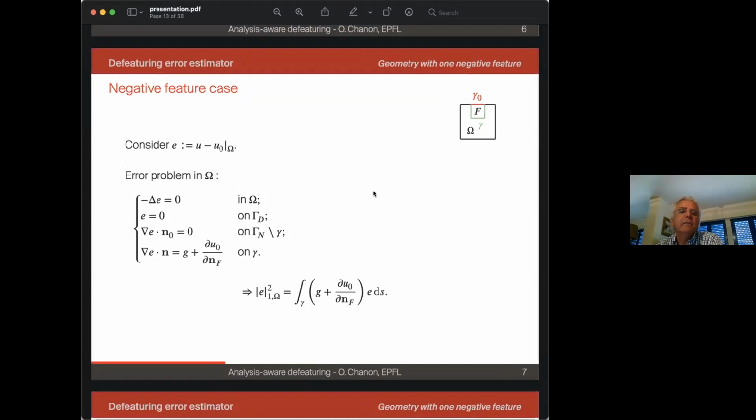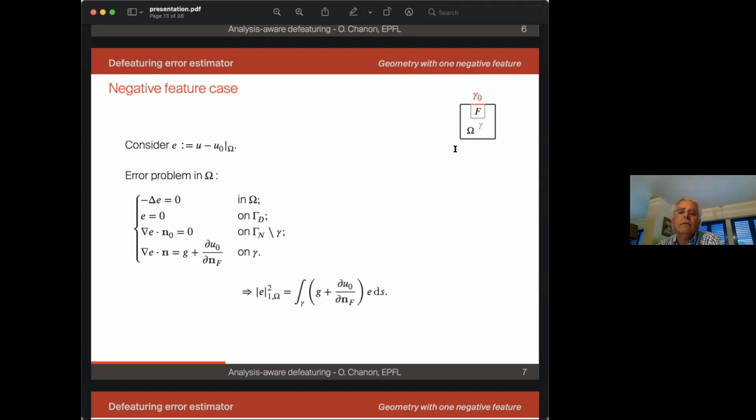Okay, yes. Good. So here I call U the exact solution on the exact geometry omega, which is here, just the square without this little F, which is the feature. And I call U0 the approximate solution in the defeatured geometry, which would be here just the square.